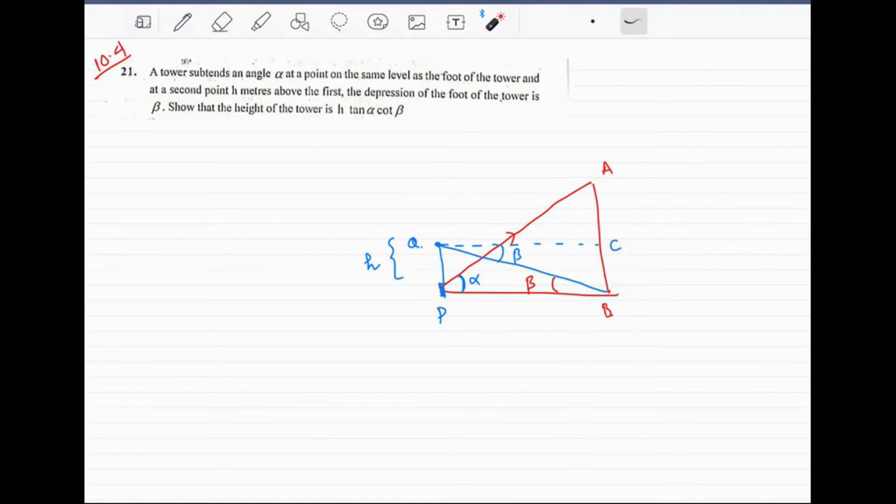So you take the smaller one first. And if this angle of elevation or depression is involved, sine theta and cos theta are of no use because they involve the hypotenuse. So we are going to use tan theta and cot theta.